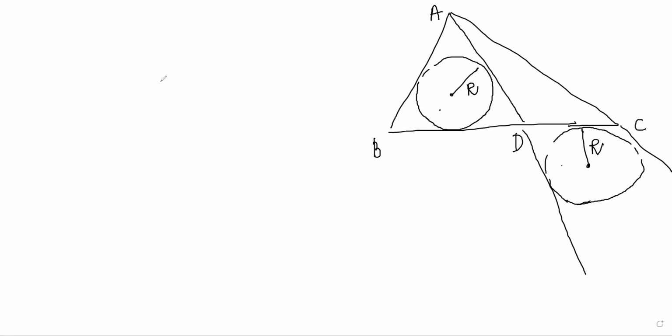Now let's look at that now. We have area of triangle ABD. Area of triangle ABD, ABD is this triangle. I have an incircle radius here. So that will be R into S. So it will be R into S. S is semi-perimeter.